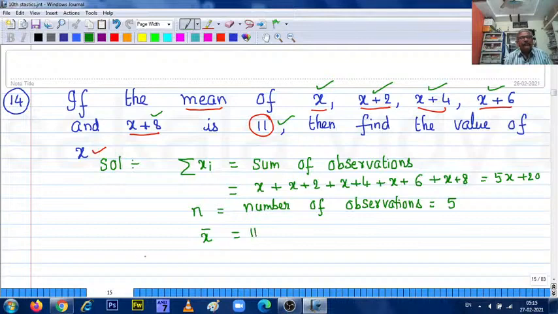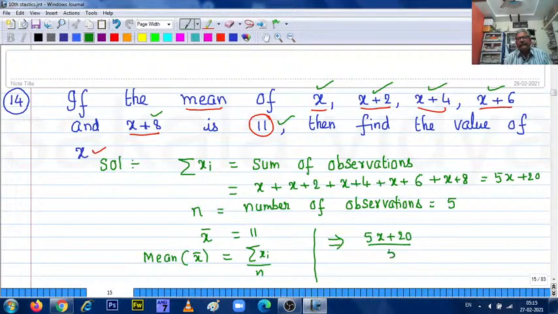So we have the mean x bar equals sigma xi by n. So we get (5x plus 20) upon 5 equal to 11. Cross multiplication. So 5x plus 20 equals 5 into 11, 55. So 5x equals 55 minus 20.